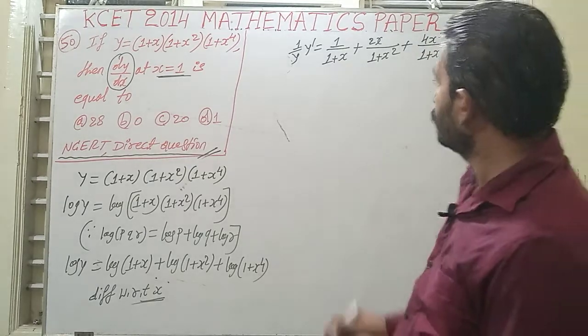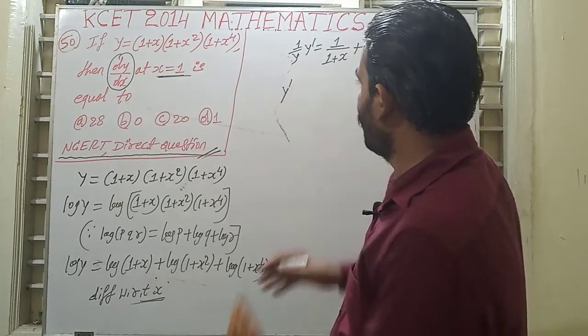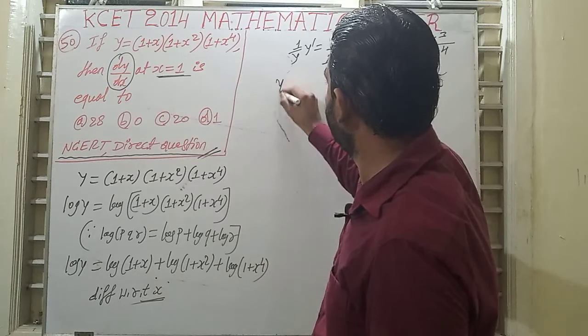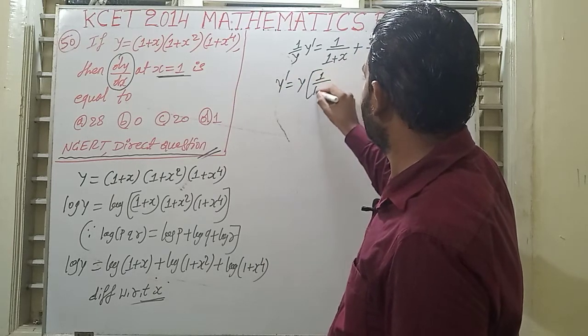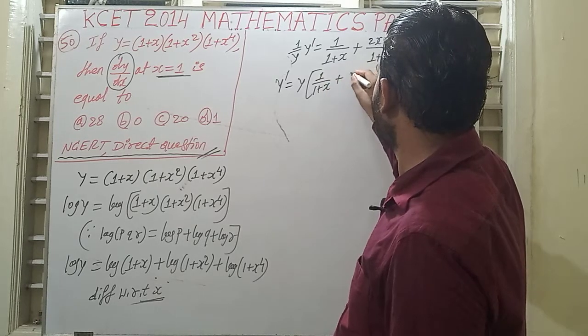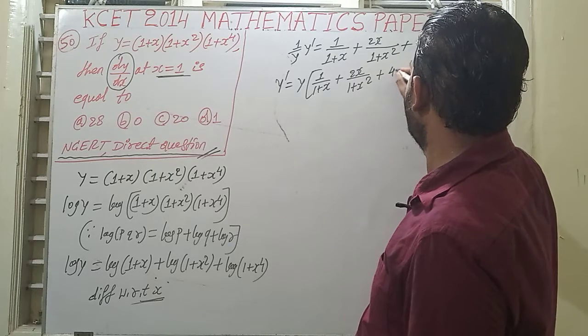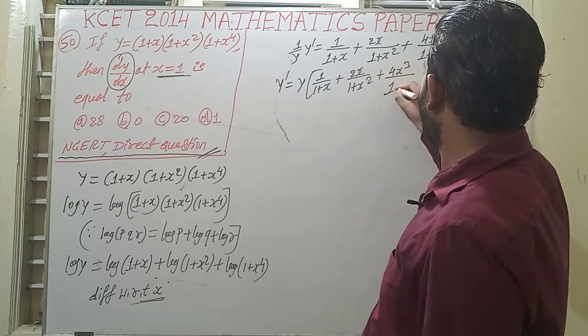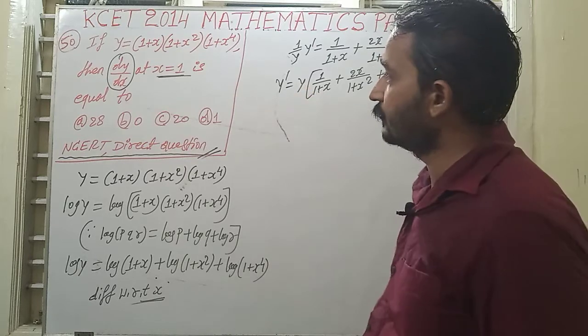Okay. So now y moves towards the right hand side. It becomes y dash is equal to y into [1 divided by (1 plus x) plus 2x divided by (1 plus x square) plus 4x cube divided by (1 plus x to the power of 4)]. So substitute the y value.